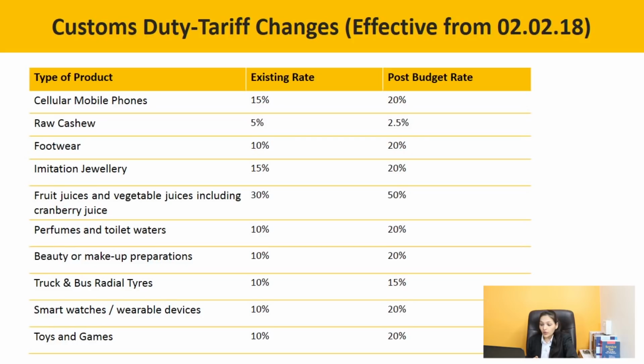On footwear, from 10% to 20%, on imitation jewelry from 15% to 20%, fruit juices and vegetable juices including cranberry juice from 30% to 50%, a 20% increase, perfumes and toilet waters from 10% to 20%, beauty or makeup preparations again 10% to 20%, truck and bus radial tires from 10% to 15%, smart watches, wearable devices from 10% to 20%, toys and games from 10% to 20%.